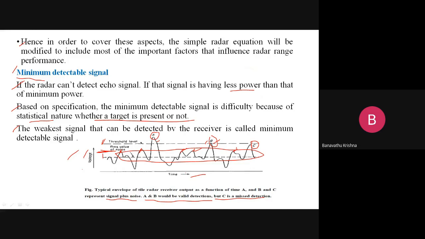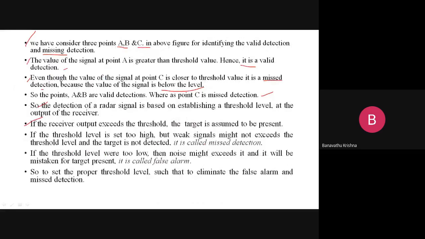Next, if the receiver output exceeds the threshold, the target is assumed to be present. If the threshold level is set too high, then what happens? Some weak signals reflected from the target and received at the radar station may not exceed the threshold level.